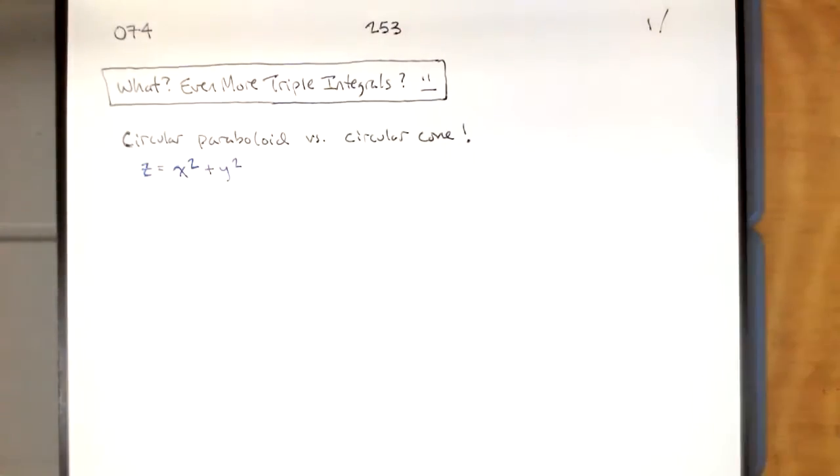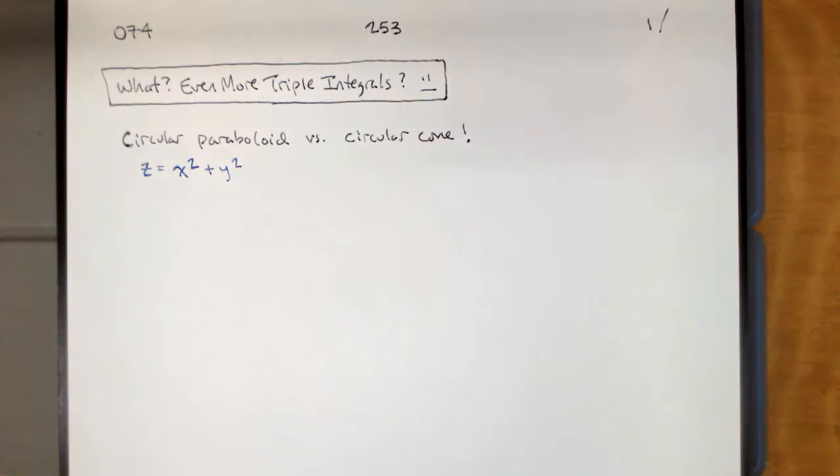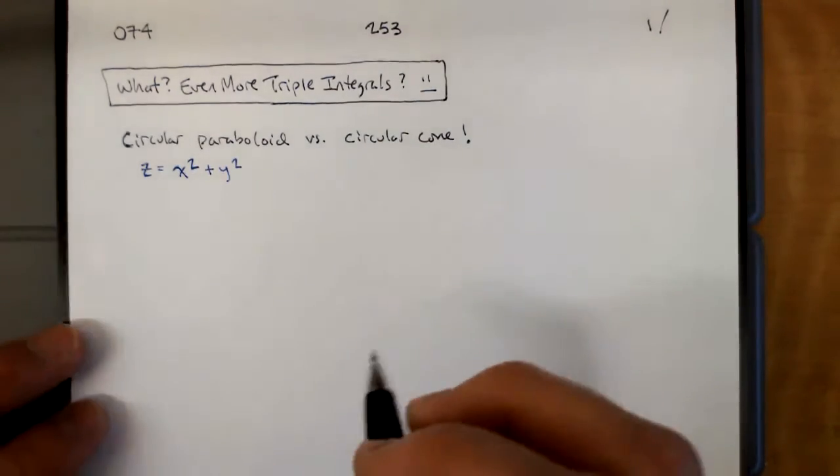So we know that z equals x squared plus y squared is going to be a circular parabola. We clearly get circles, because if we pick a constant value of z, we get x squared plus y squared equals that constant. So our contours are circles. But if we look at things from the side, we'll see z equals x squared, so we'll see that parabola from the side.